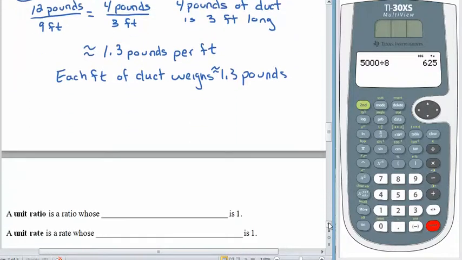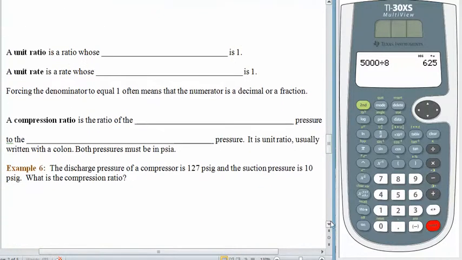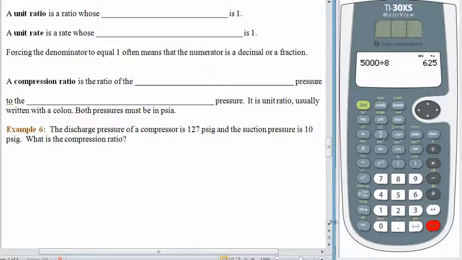So let's see if we can't put these ideas here together and talk about those denominators. If we keep on going with the division until the denominator is 1 and we end up with a decimal or something like that, we end up with either a unit ratio or a unit rate. A unit ratio is a ratio whose denominator is 1.